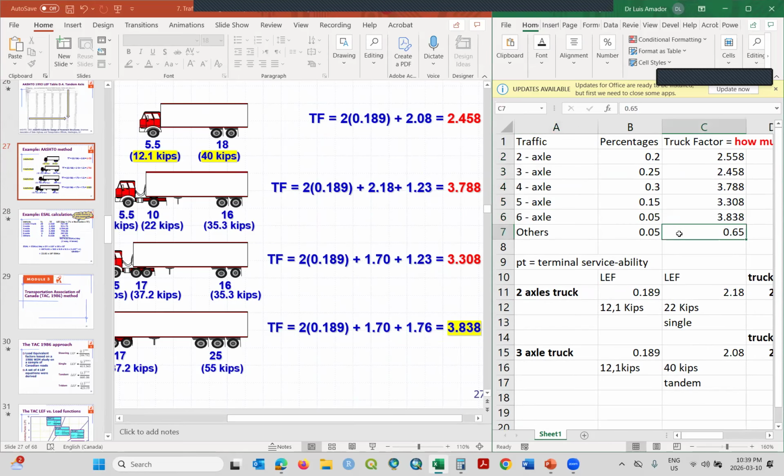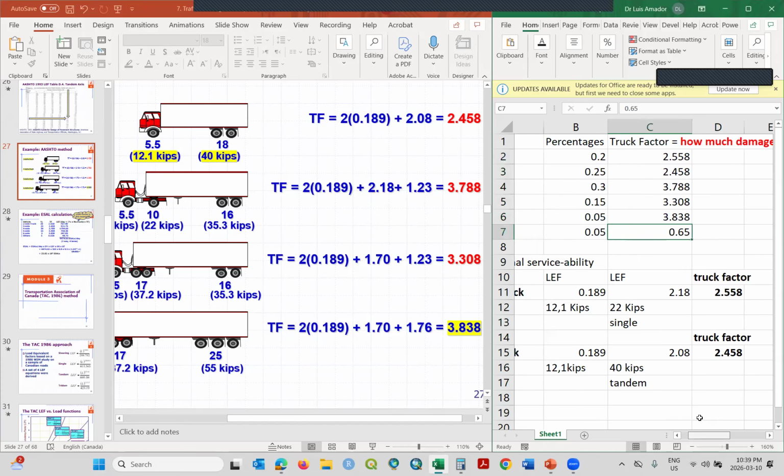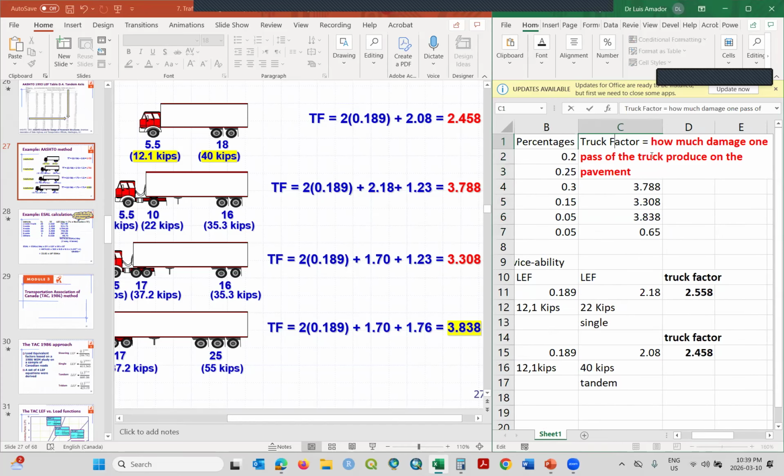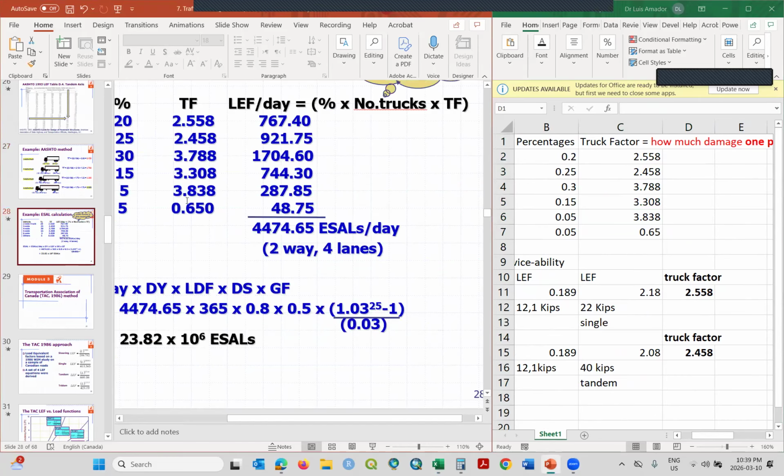Right. So now, but this is only one pass of the truck. It's one pass only that we're looking at. Okay. So we need to really see how many passes we have for those trucks.